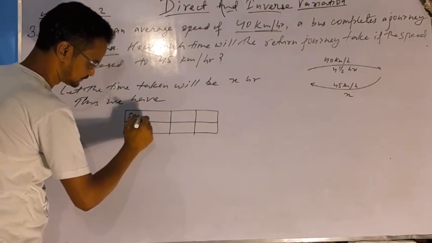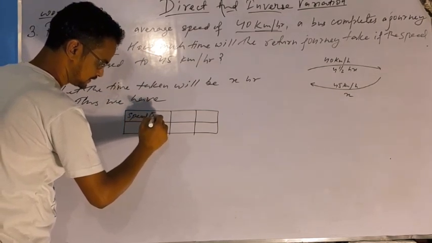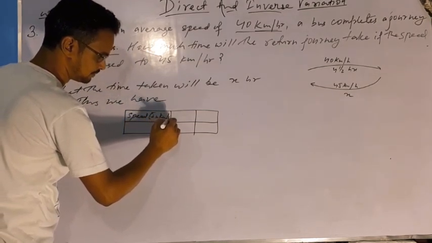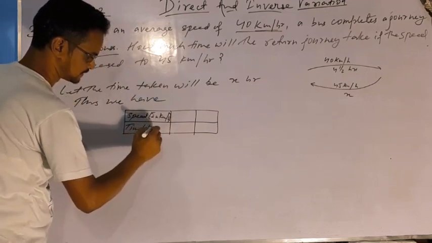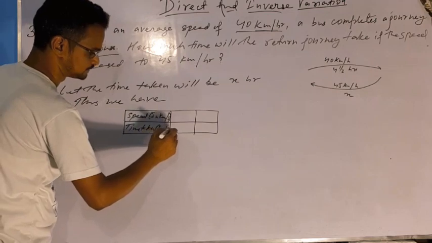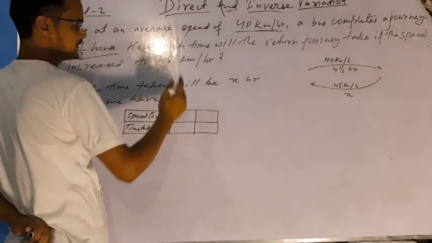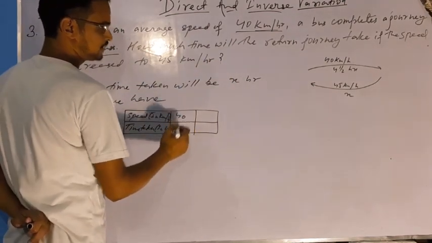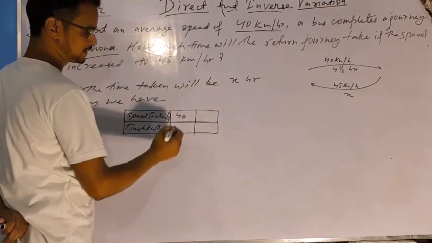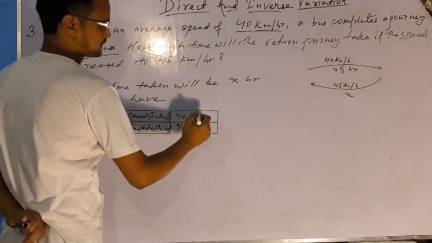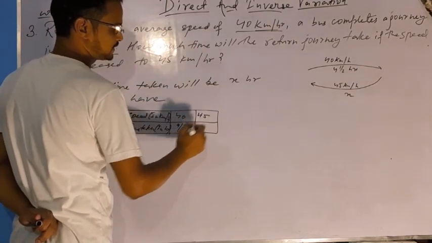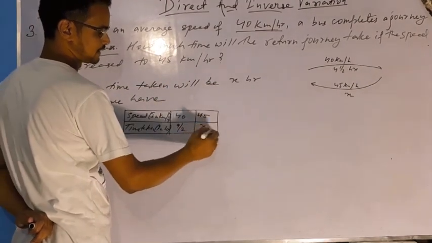Speed is in kilometers per hour, and the time taken is in hours. Speed is 40 km per hour and the time taken is 4 and a half hours, that is 9/2 hours, and the speed is 45 km per hour, time taken is x.